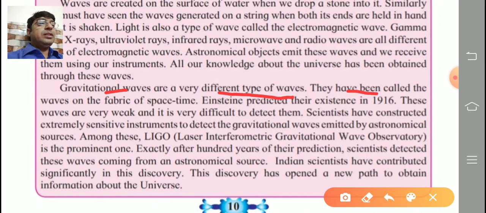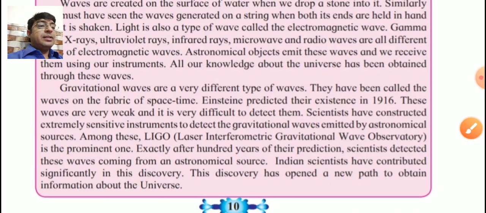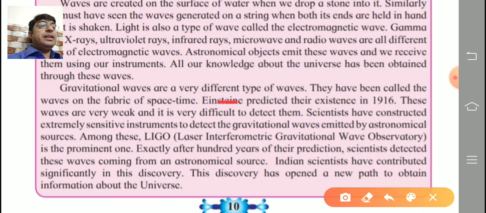They have been called waves on the fabric of space-time. Einstein predicted their existence in 1916. These waves are very weak and it is very difficult to detect them.